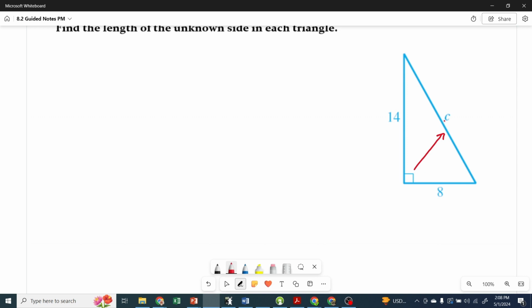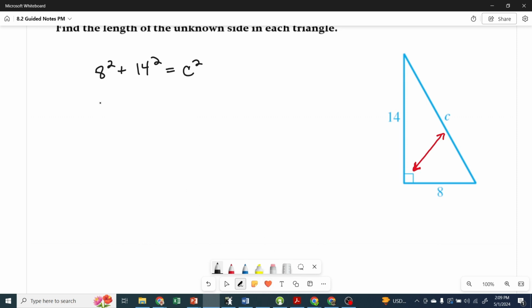It's across from this 90 degree angle. There's our 90 degree angle, and across from it is the hypotenuse. So we can say with certainty that that's our formula: A squared plus 14 squared equals C squared.